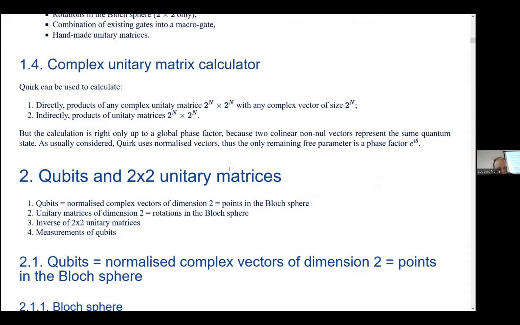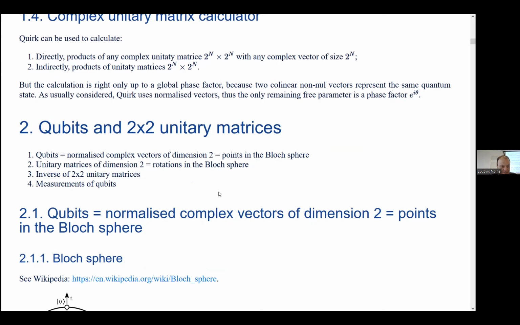So you may have matrices that will have the same effect just because of this phase factor. That is not important in quantum mechanics because they represent the same quantum state.